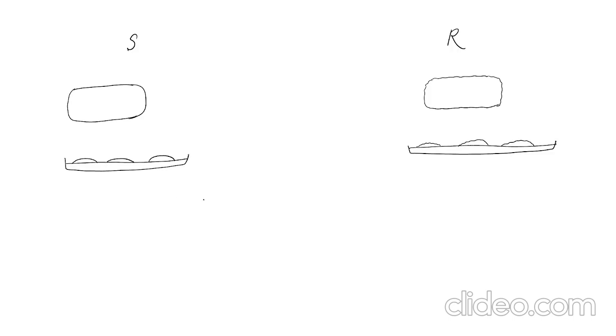Another difference was that the smooth form of bacteria had a sugar coat over its surface. This is referred to as a polysaccharide coat. Now, don't get confused with this word polysaccharide. It basically means sugar. The R form of bacteria had no sugar coat.